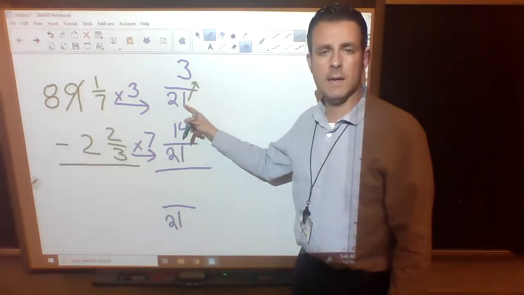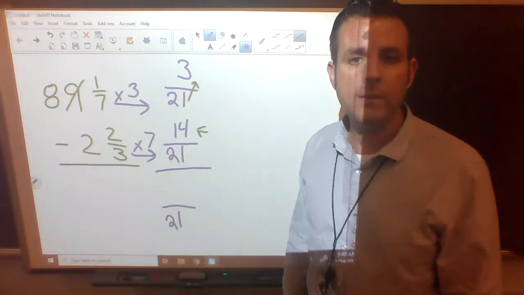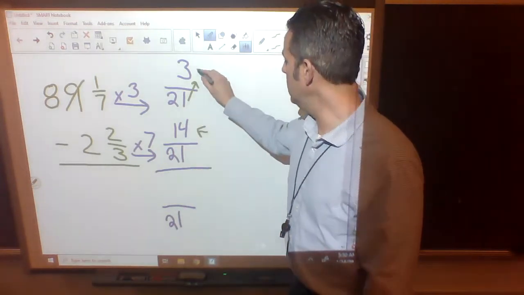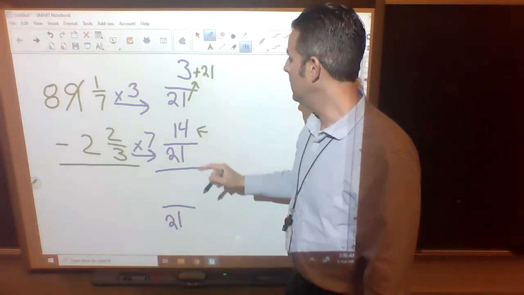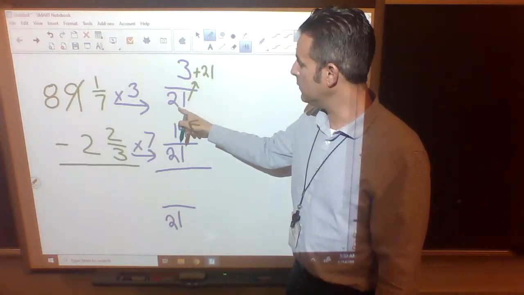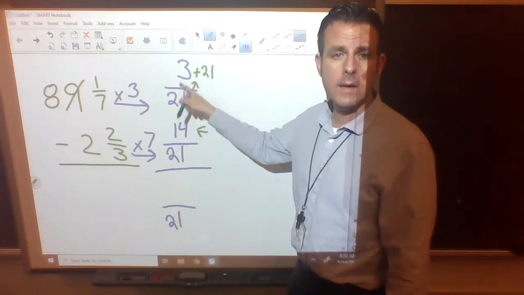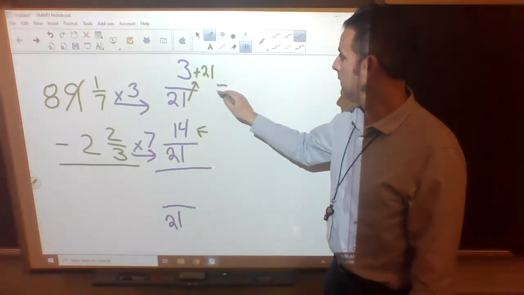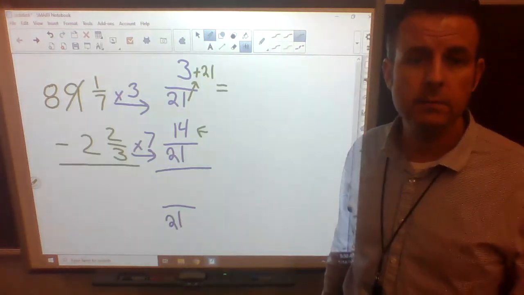Because this denominator reminds you that you have 21 pieces. So then when you draw that arrow, all you have to do is put plus 21. Because that whole pie that you just brought over has 21 pieces, but you already had 3, so you have to put them together. I said, that's pretty smart.